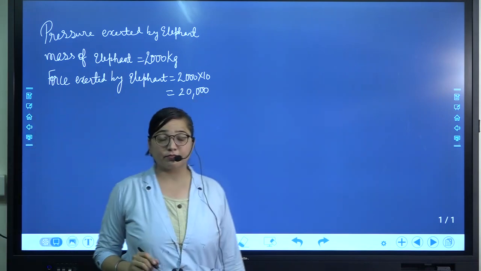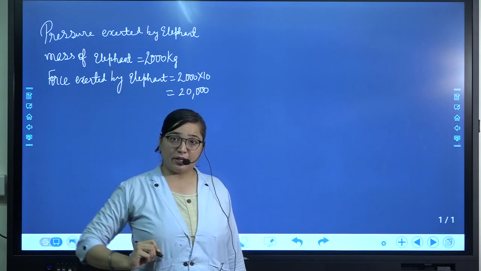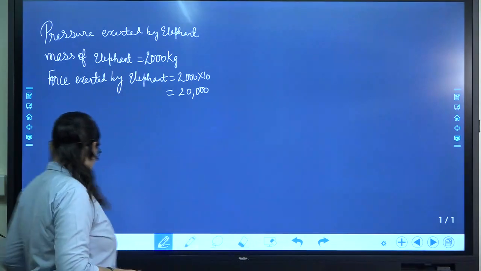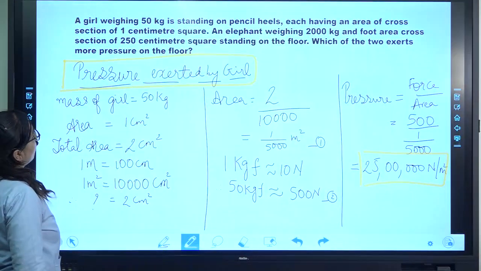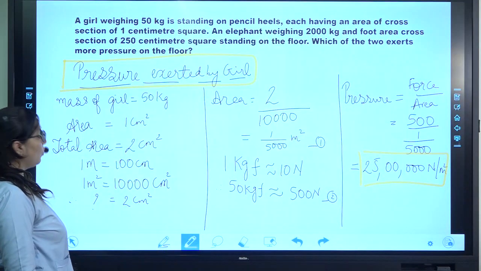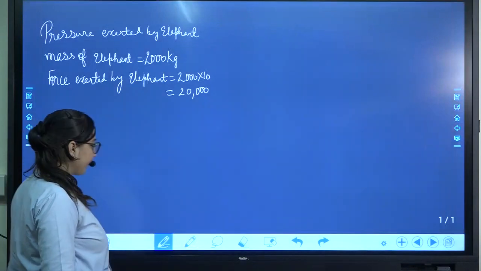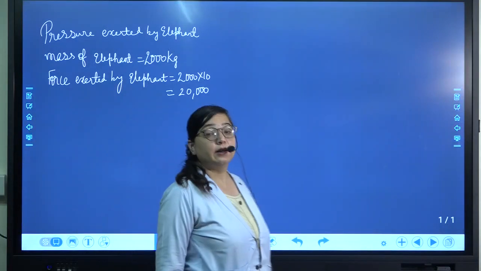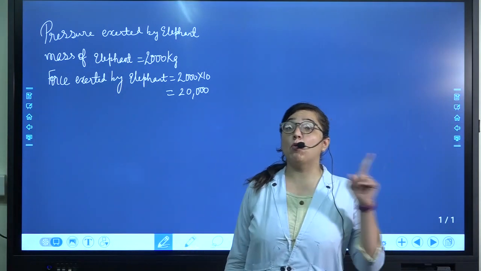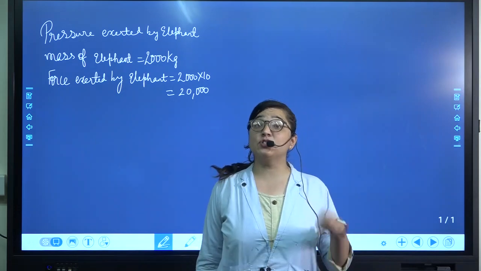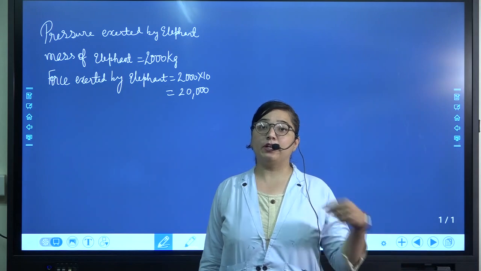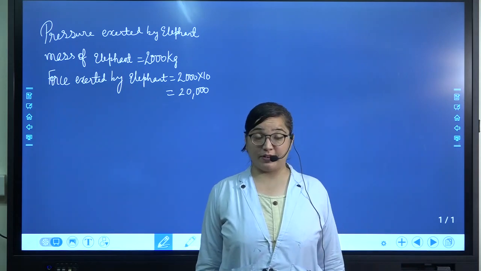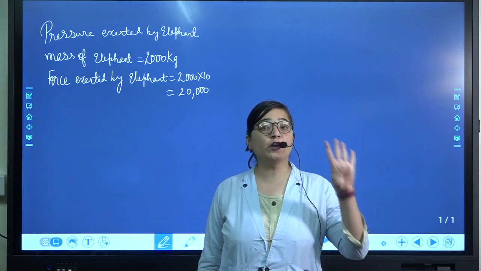Clear? Okay, now let's move further. Foot area of cross section is 250 centimeters square. So, here the area of 1 foot of the elephant is 250 centimeters square. How many legs is it having? It's having 4 legs.